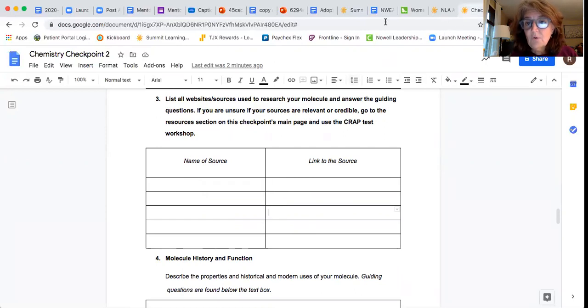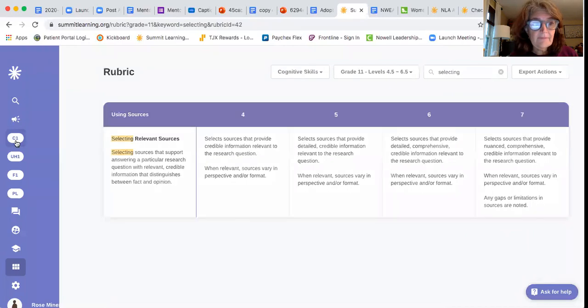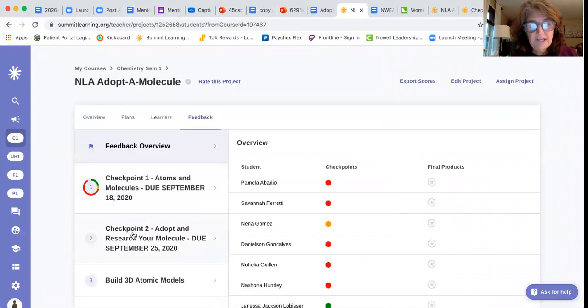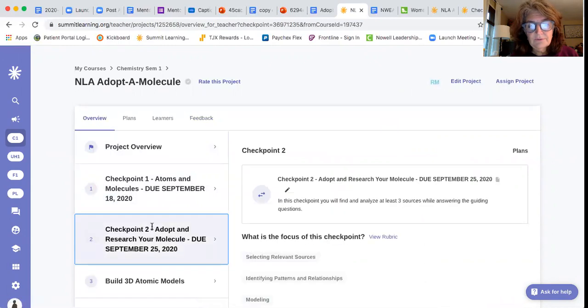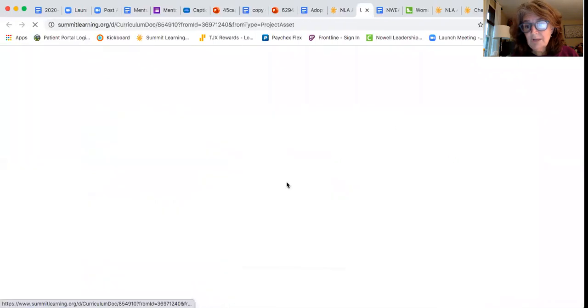So if you go into your checkpoint here, under chemistry, and we're into the NLA Adopt a Molecule project, and we're into checkpoint number 2, we're right down here, the CRAP test workshop.